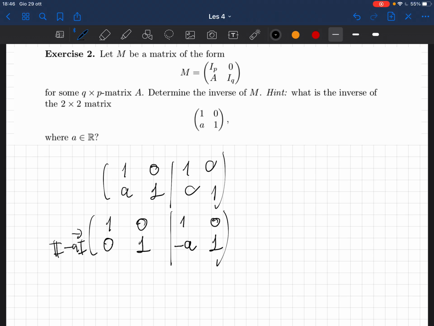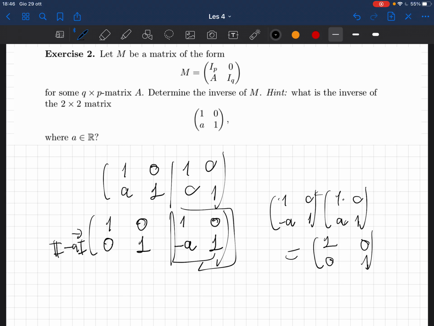So you have it. This is the inverse matrix. And indeed, just to check, if you compute here, this is going to be 1, this is going to be 0, this is going to be indeed minus A plus A, 0, this is going to be 1. It's correct.